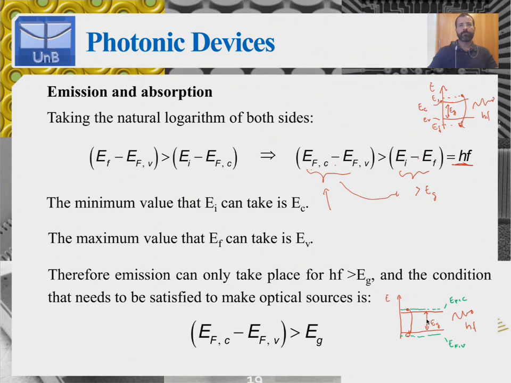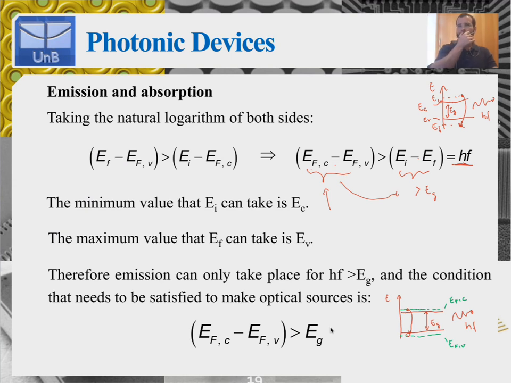So if the difference between this dashed green line and this other dashed green line must be greater than Eg, the Fermi levels must be inside the bands. EFC, the Fermi level for the conduction band, must be inside the conduction band, and EFV must be inside the valence band in order to make light sources.